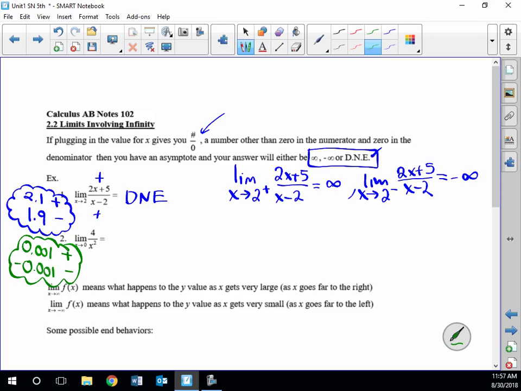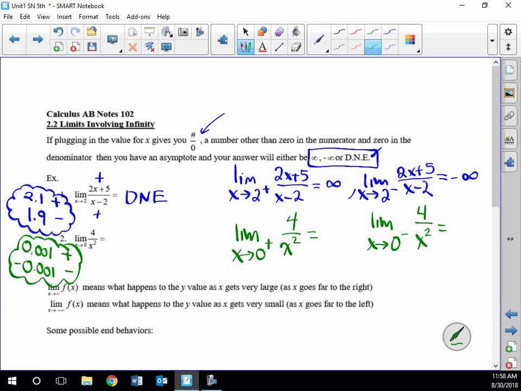Typically, you don't even write those on your paper. You just think about them. These are analytical limits. So the limit as x goes to 0 from the right of 4 over x squared, and the limit as x goes to 0 from the left of 4 over x squared. So we want to check out the two one-sided limits to see what we get.